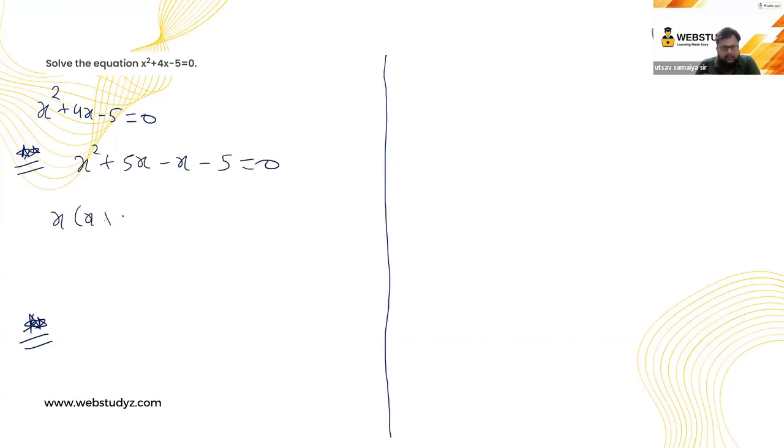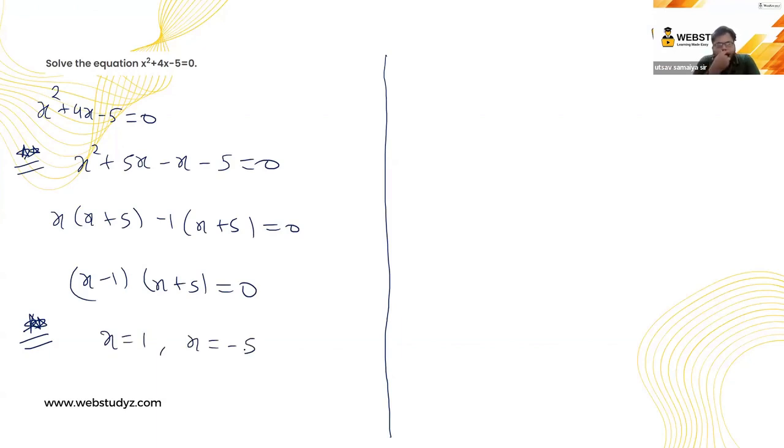Take x common, take minus 1 common. So x minus 1, x plus 5 is equal to 0. So what are the roots? So these are the roots of the quadratic equation.